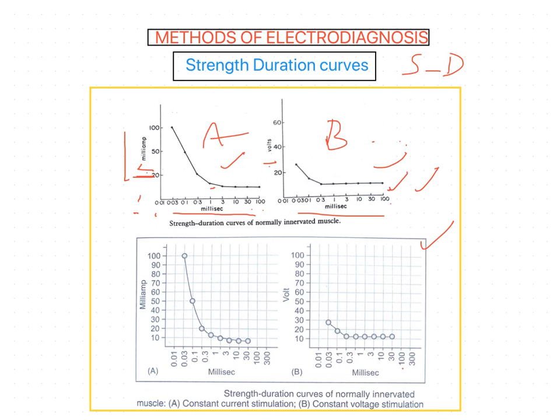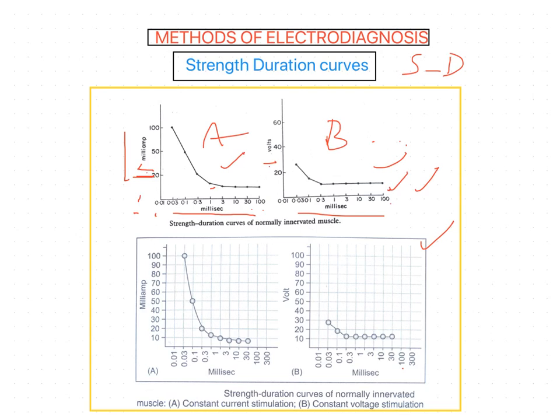The utmost precision is essential if the results are to be accurate. The minimum observable contraction is used as this makes it easy to detect any change in strength, and it is important that the active electrode is held on the same point over the muscle throughout the test.